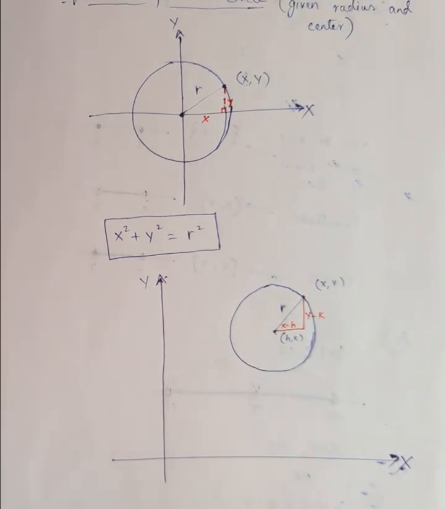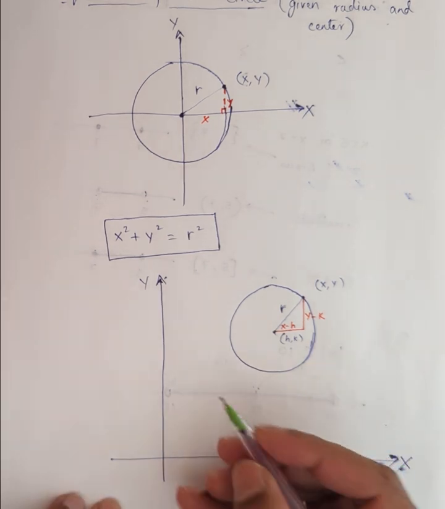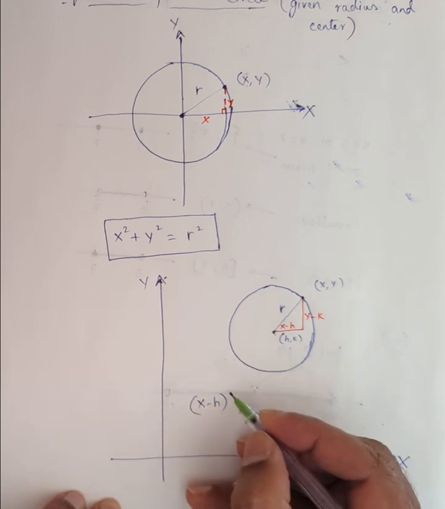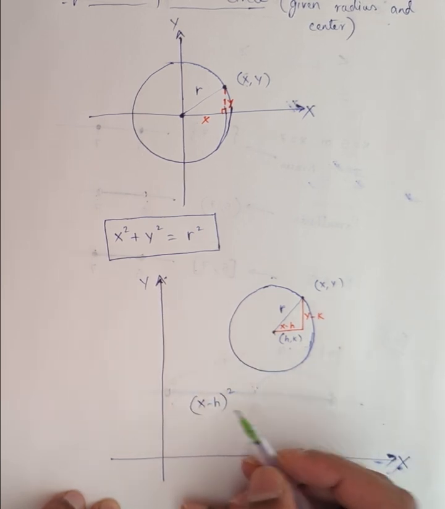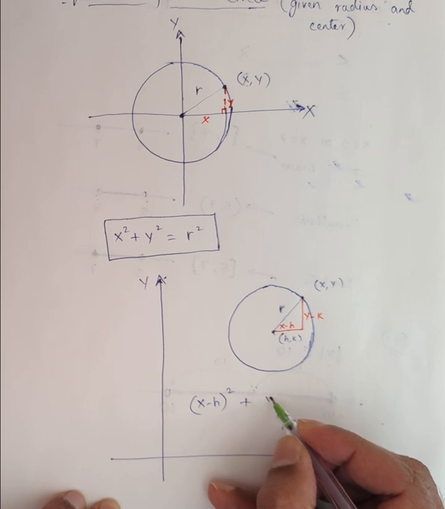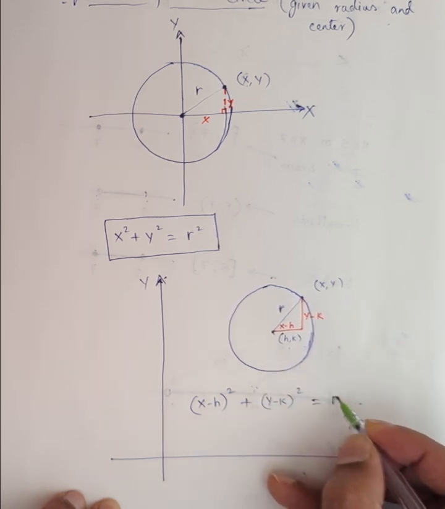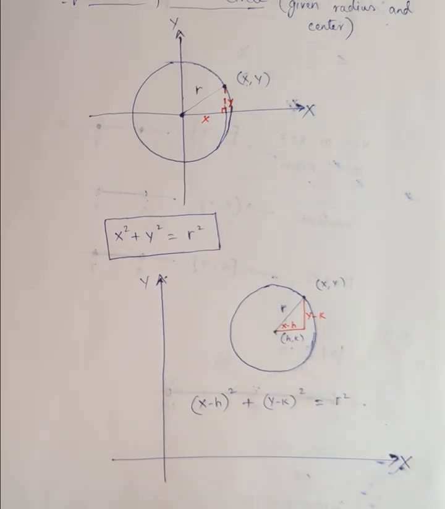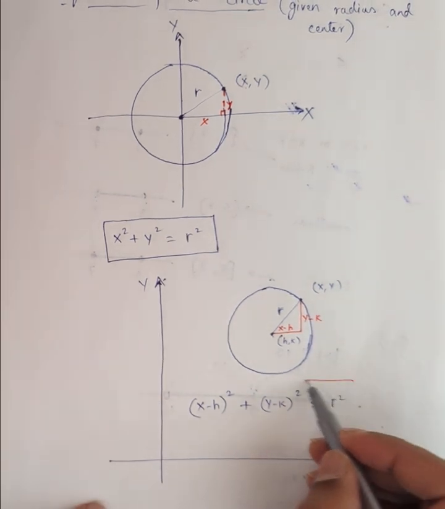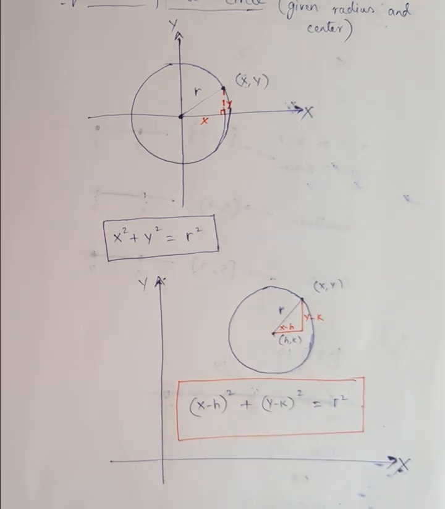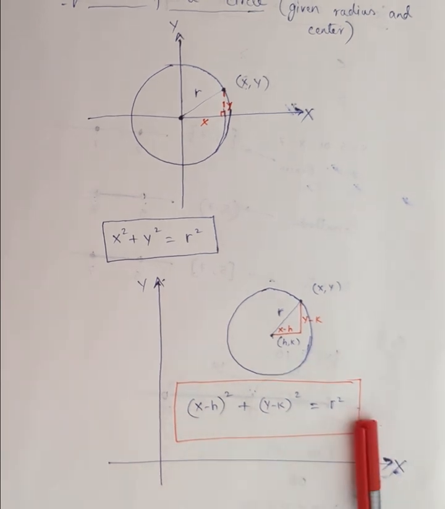So the equation of the circle in this case is going to be (x minus h) quantity squared, because this is the horizontal leg, plus (y minus k) quantity squared is equal to r squared. So that's the equation of a circle when you know the center and the radius.